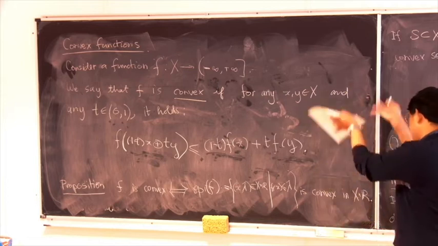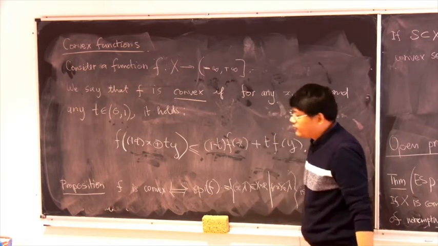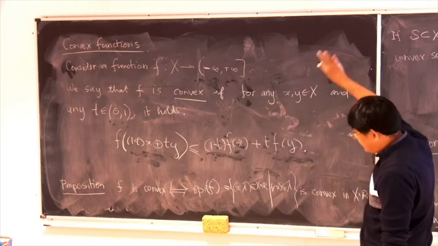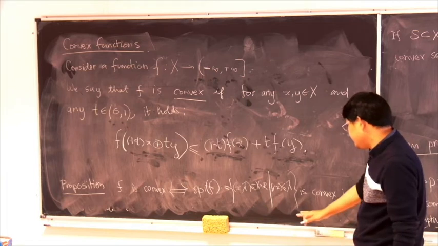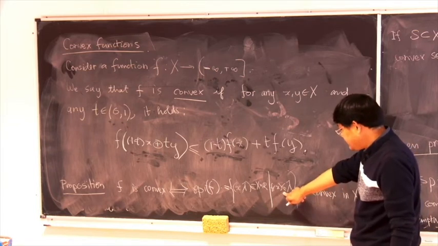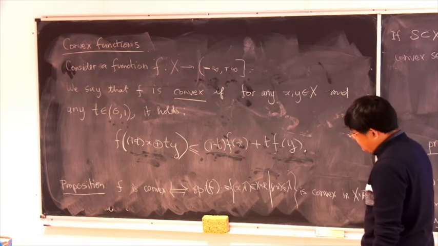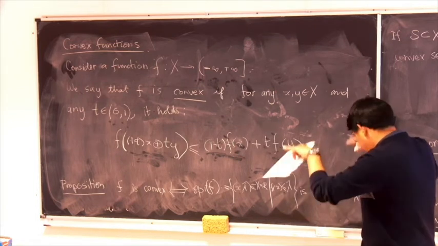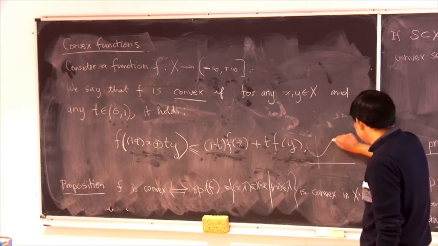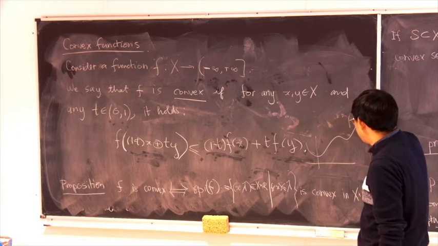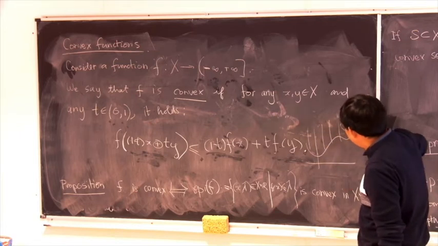So it's just the area above the graph. That's why we call it epigraph. If we want the area below the graph, then this inequality will be reversed, and that is called the hypograph, the area below the graph. This is not new. So if this is the graph of f, the epigraph is just the area above the graph.